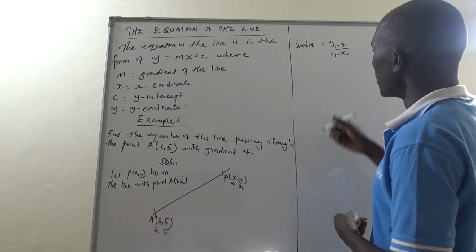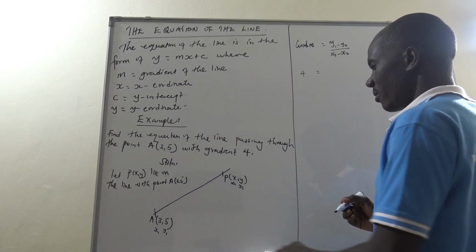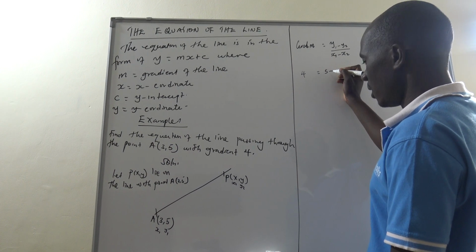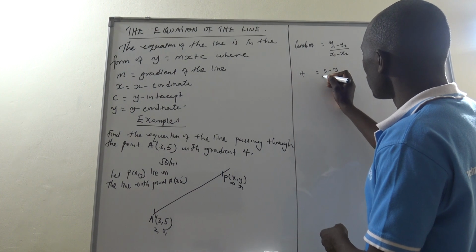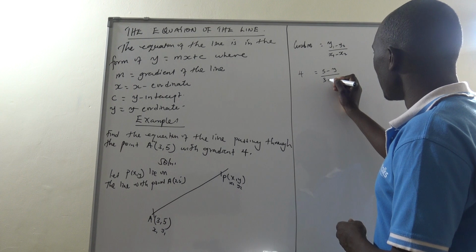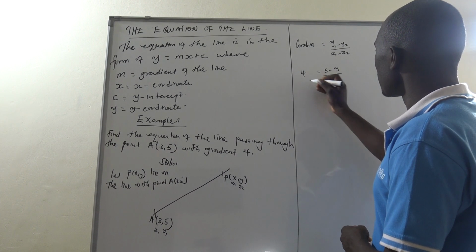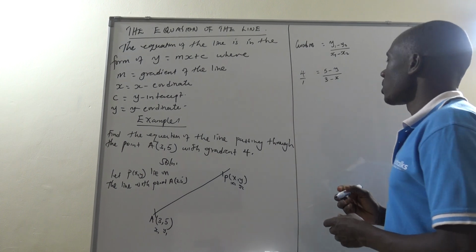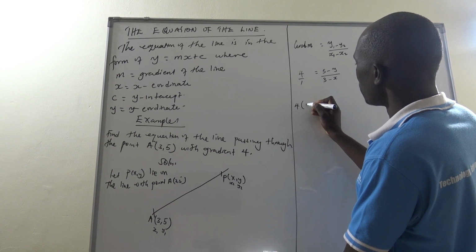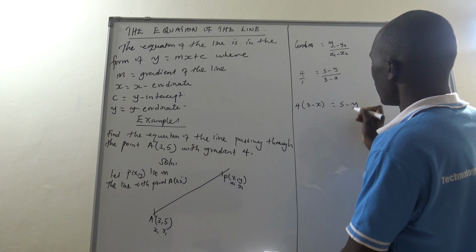We are given the gradient as 4, which is equal to, do we know y1? y1 is already 5, minus what is y2, a y, all over what is x1, it is a 3, minus x2, which is already x. We are free to cross multiply. So we are going to have 4 into (3 minus x), which is equal to 5 minus y.